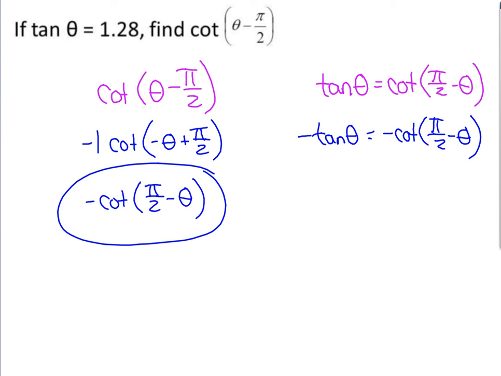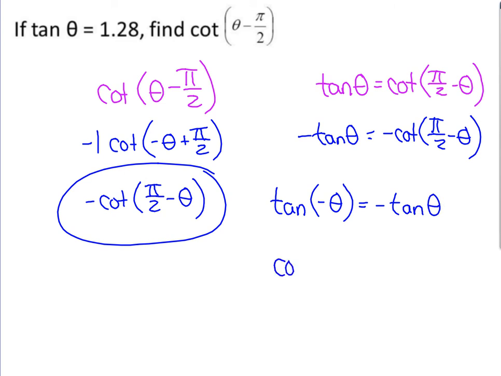Since we're just looking to find the negative version of my tangent, because tangent is an odd function, when you look for the negative value of it, it is just going to be the negative tangent value.